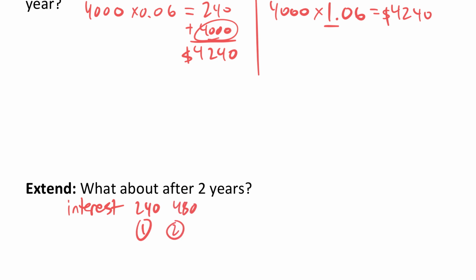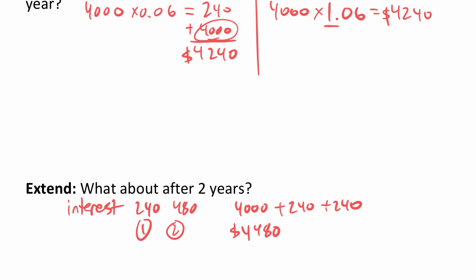You just do 240 and then another 240. So our total would be 4,000 plus 240 plus another 240, giving us 4,480.